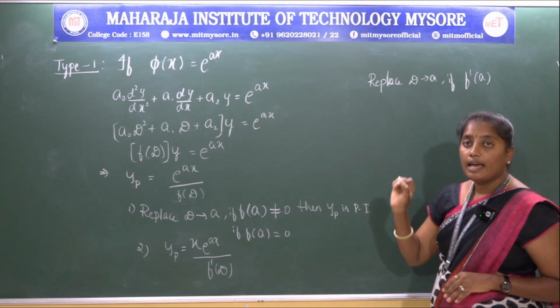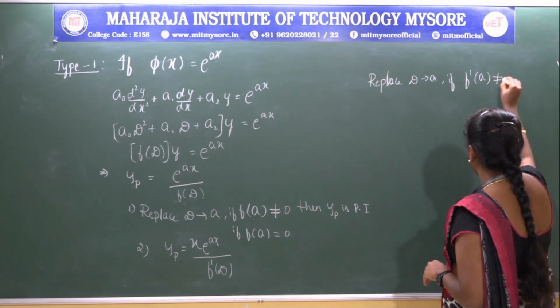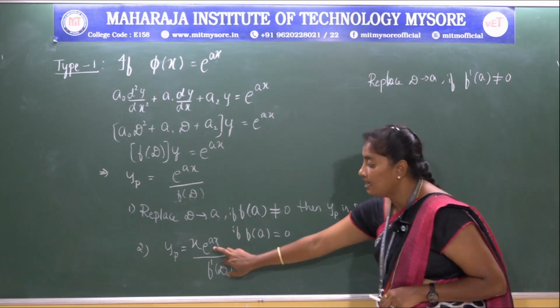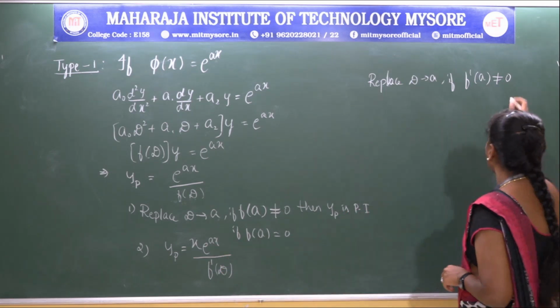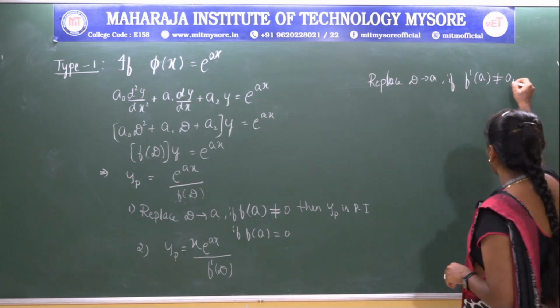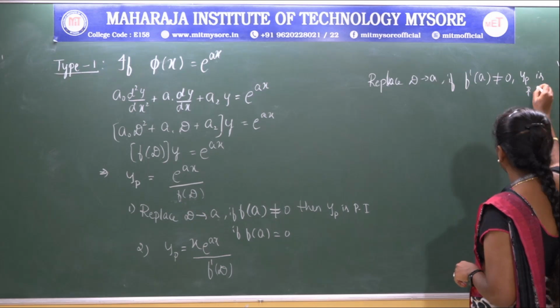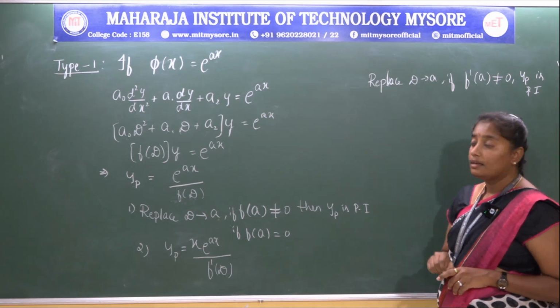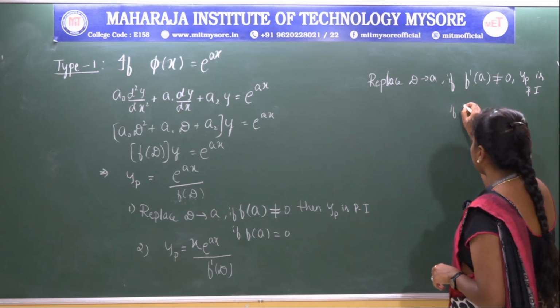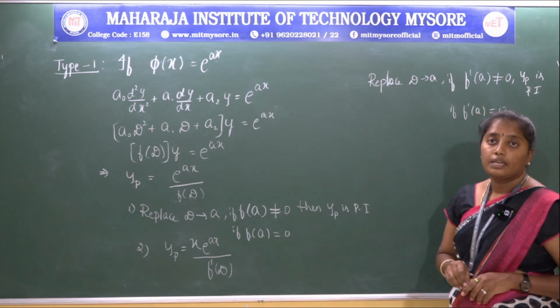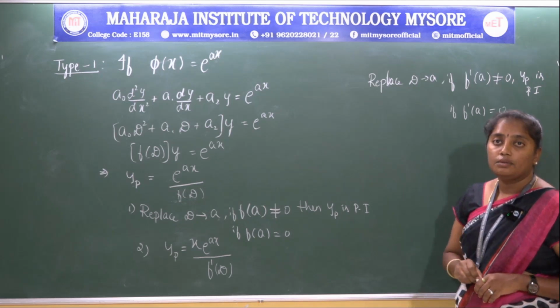Again, if f dash of a is not equal to 0, then yp is the particular integral. Suppose f dash of a is equal to 0, then we have to continue further.